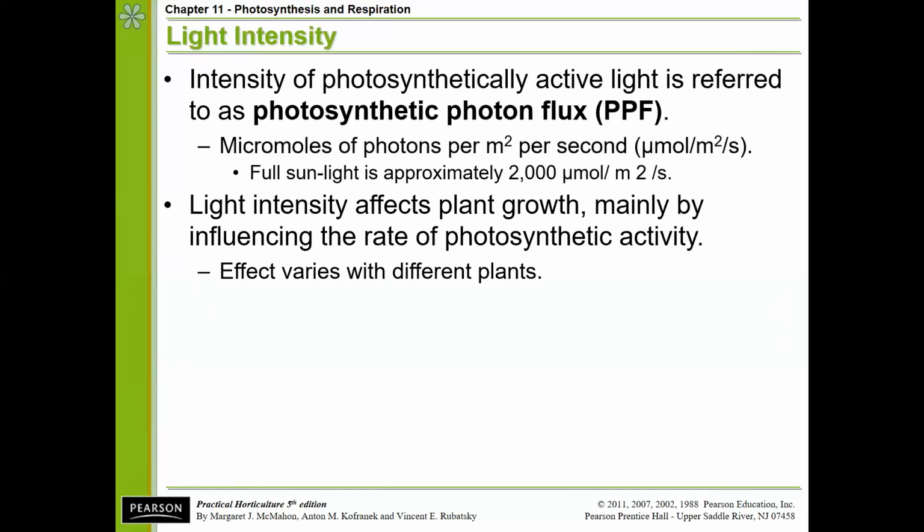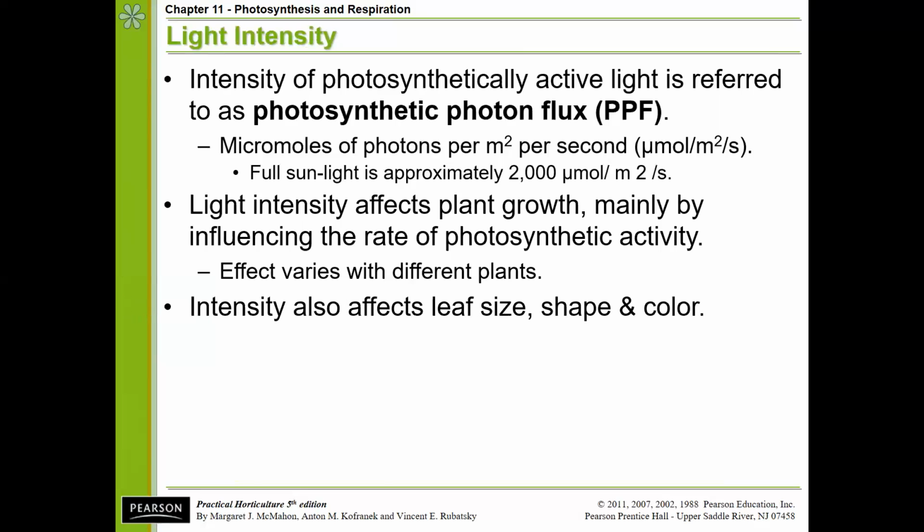Light intensity is affected by latitude, as well as altitude, as well as just what the environment is like. Are there things blocking sunlight? Is the sunlight filtered, for instance? Sunlight or natural light too. And the effects, of course, vary with different plants.